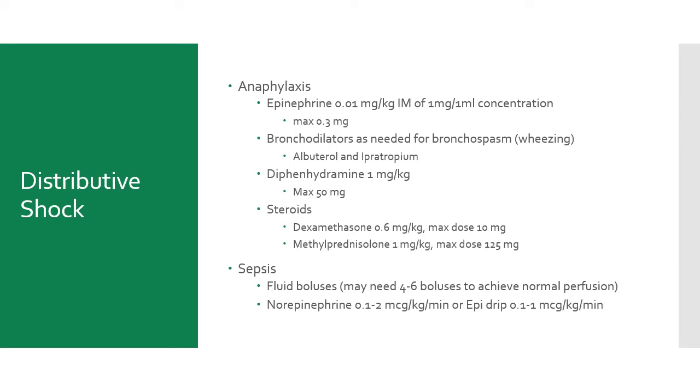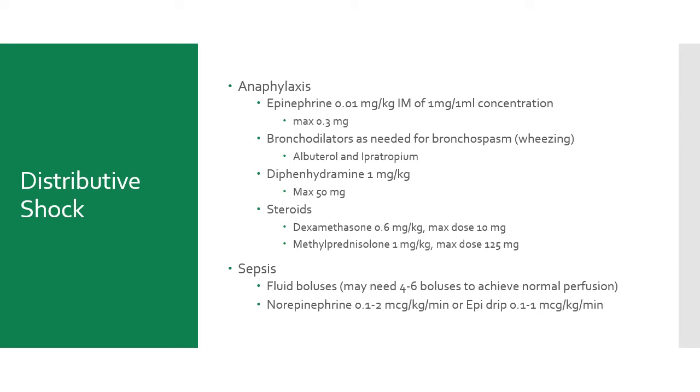Remember, in a perfectly normal vascular environment, only 30 to 40% of IV fluid is still in the venous system after an hour. And when you have a distributive shock environment where I have dilation and capillary leak, that fluid is just going into the interstitial spaces. So you're going to need to keep going with those boluses to fill the tank.